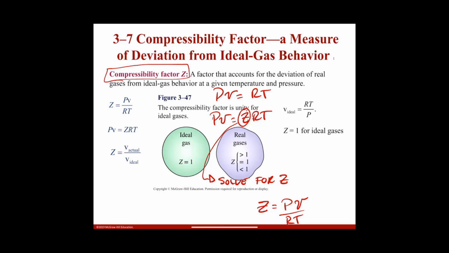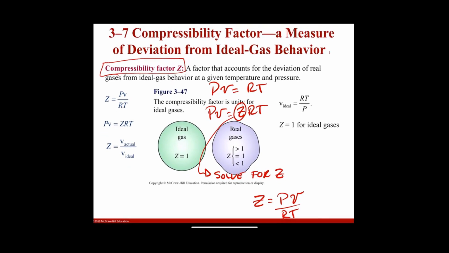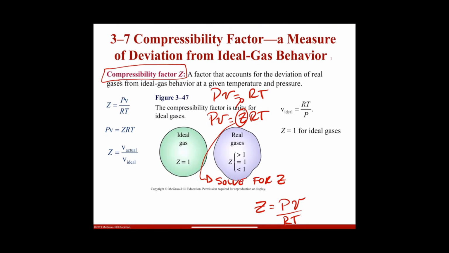Okay, with that value you can get pretty much more information about your state. Z will be equal to 1 for ideal gases, because if Z is equal to 1, that will bring me to this equation again, and that's for ideal gases. Okay, and if Z is more than 1 or less than 1, then that will be another case.